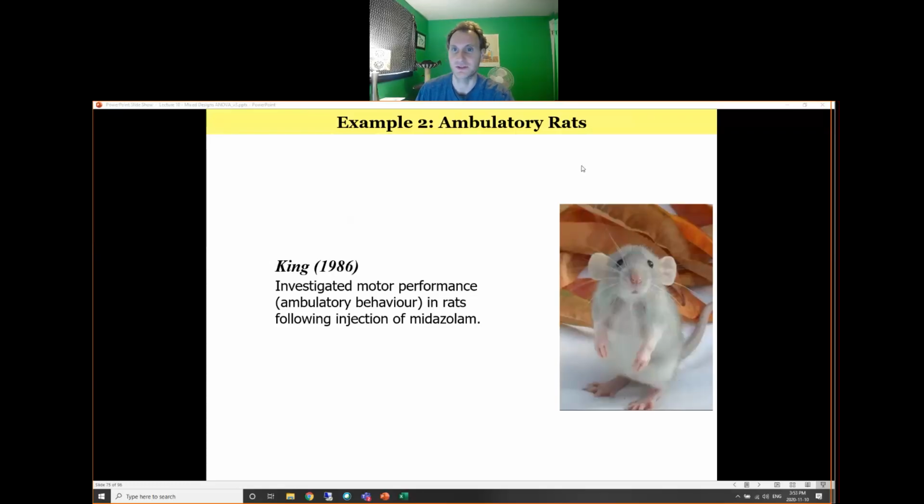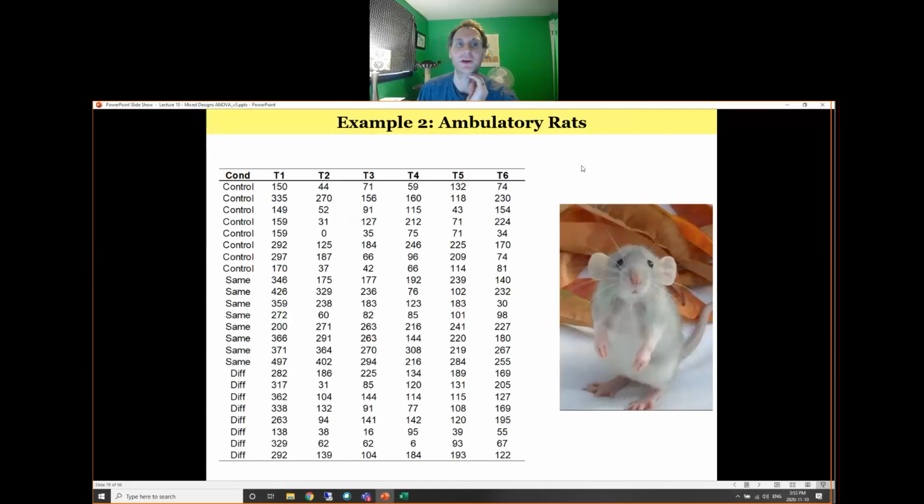of 6 trials. So if we look at our data, each rat is assigned to one of these groups, and there's 8 rats per group. And each of those rats provides 6 trials, 6 observations.